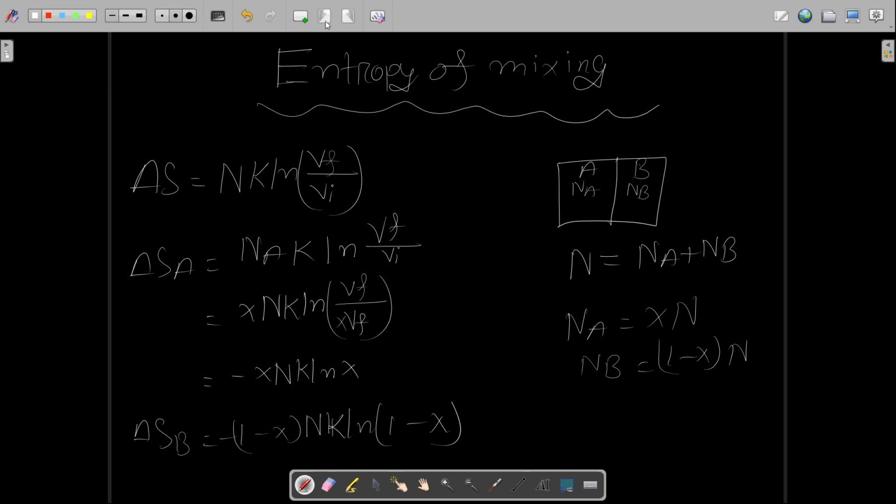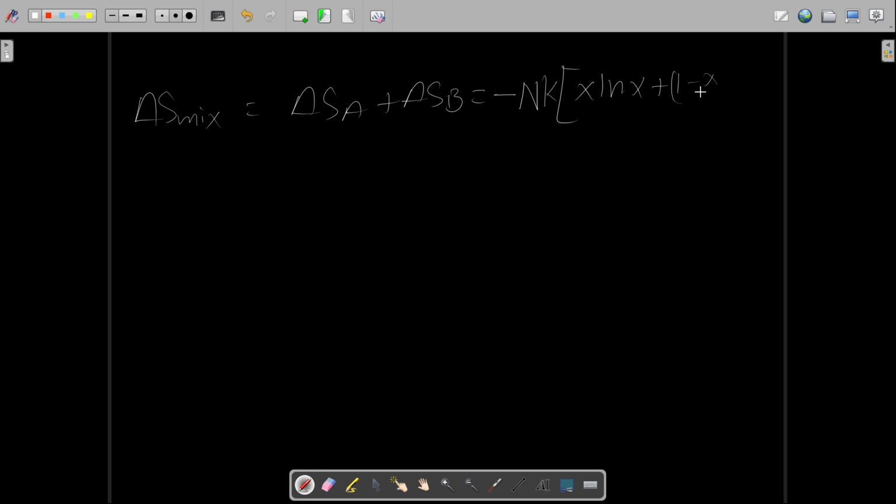So let's open a new page. Delta S of mix is just going to be minus n k times x ln x plus (1 minus x) ln (1 minus x). Okay, so this is the major formula.